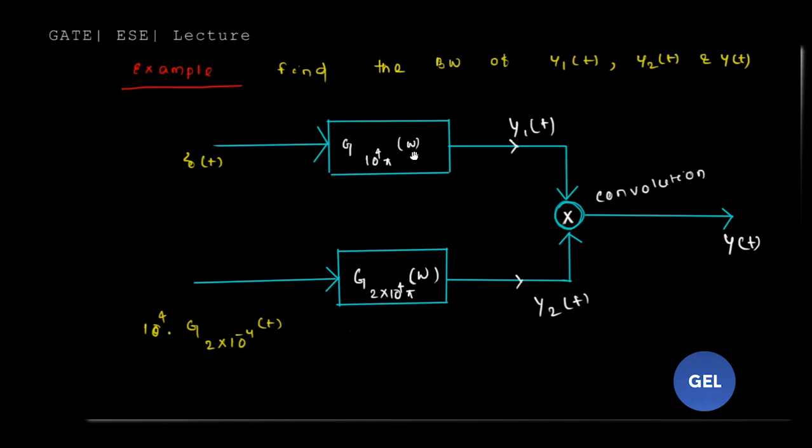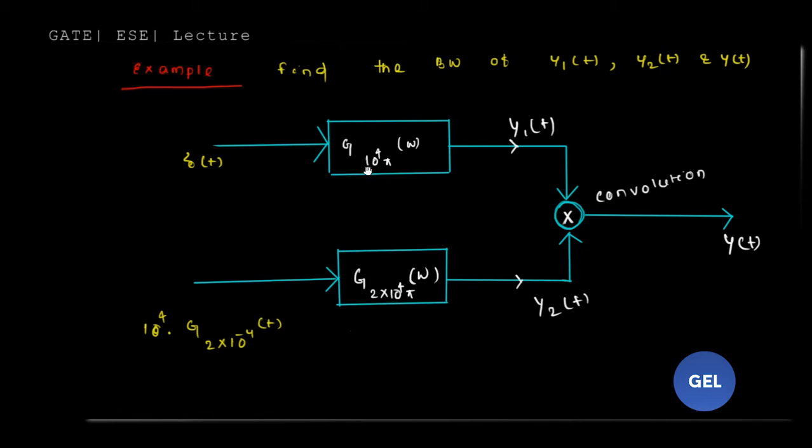This H of omega, it is in the frequency domain, sir? Yes, these are the inputs that we are giving to the respective system, sir? Absolutely correct. Sir, what is he asking? I think I can calculate the bandwidth of y(t) by taking the convolution of these two.